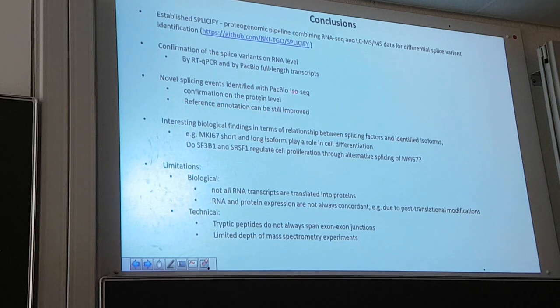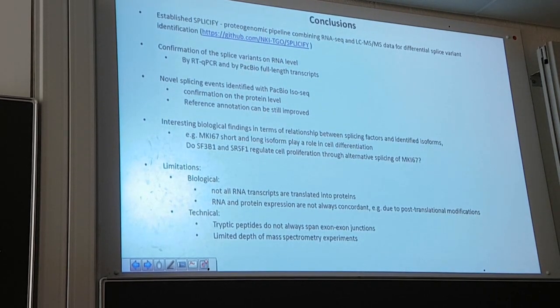And we identified novel splicing events with PacBio IsoSeq, which was super exciting that we got confirmation on the protein level. But another lesson we can learn is that reference annotation of the human genome can still be improved, that they don't know about all the exon-intron coordinates.